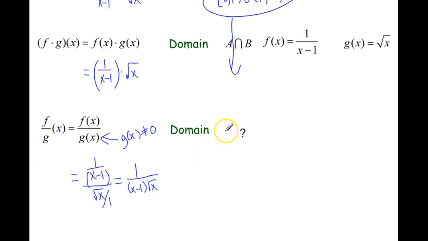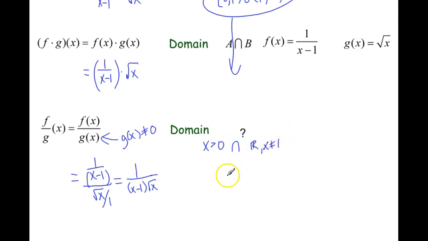If you remember, the domain for g of x was x is greater than or equal to 0. Because g of x can't be 0, we might say the new domain is x greater than 0. And that's going to intersect with the domain of the other function, which was all reals, where x is not equal to 1.